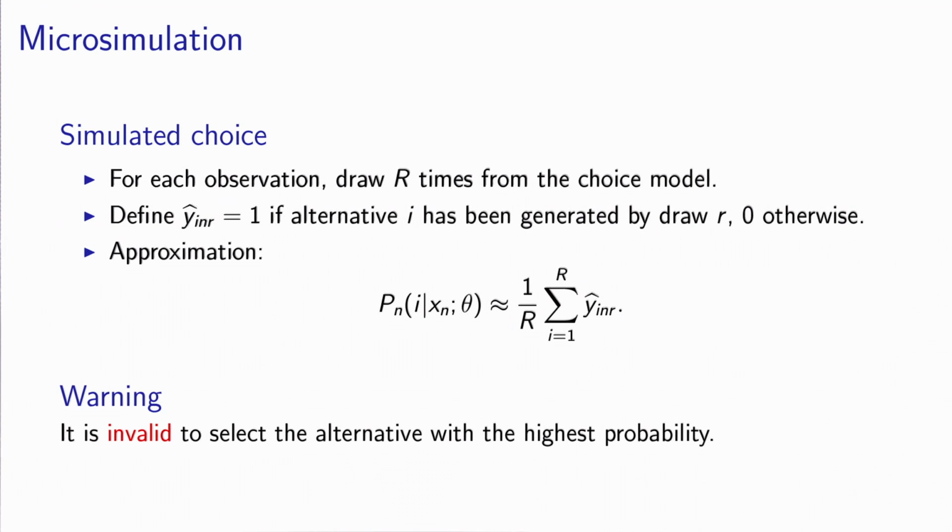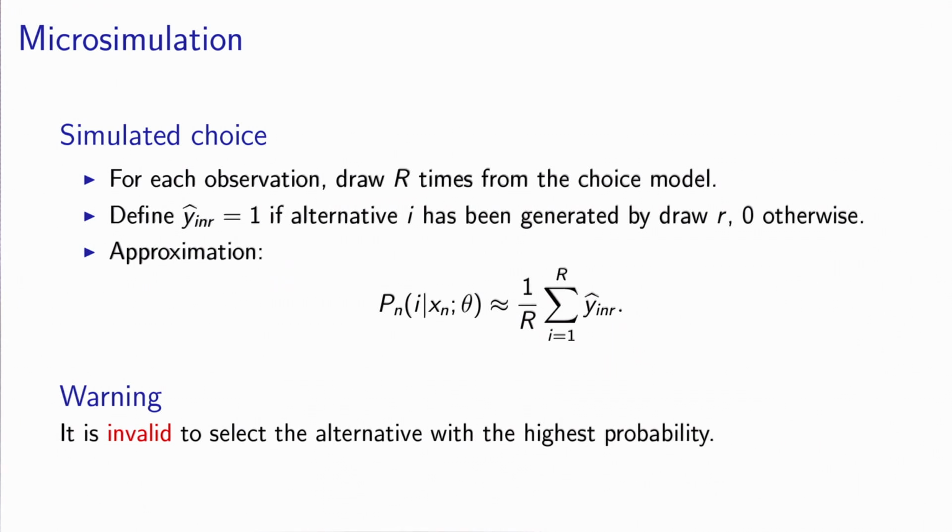It will be 1 if yes, 0 otherwise. Using these simulated choices, we can approximate the value of the probability. The probability will be simply the average number of times that this alternative has been selected. And it can be shown that when capital R goes to infinity, this becomes an equality.